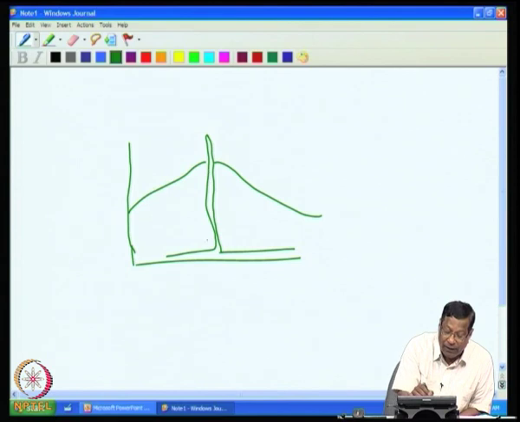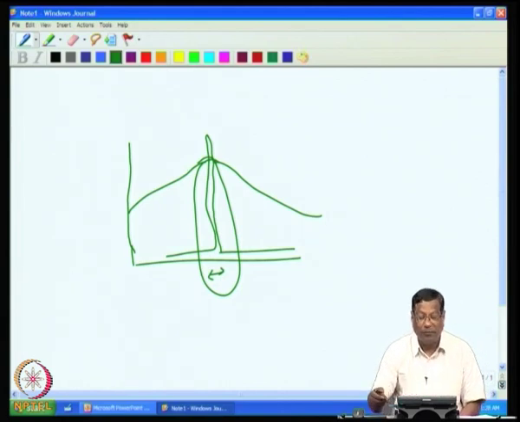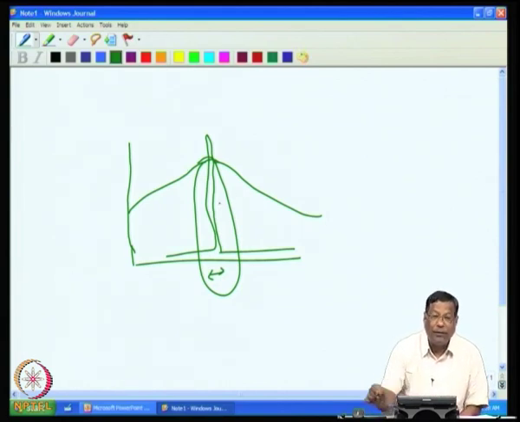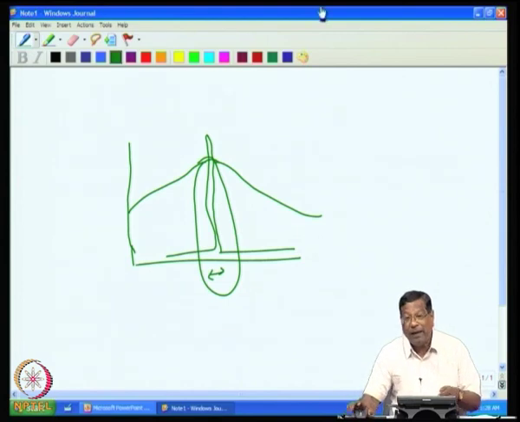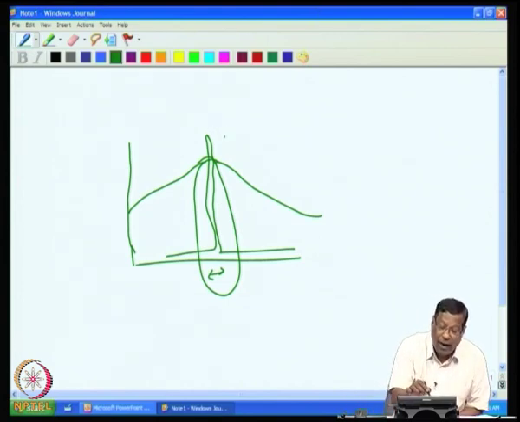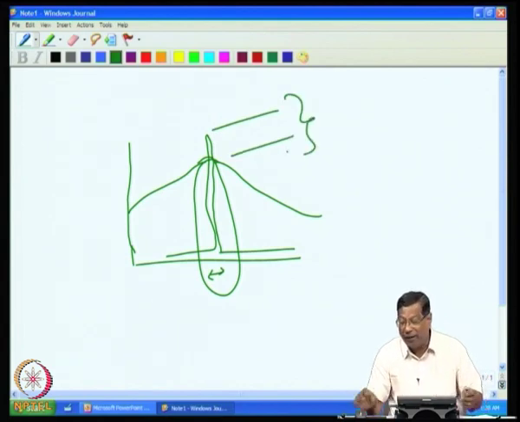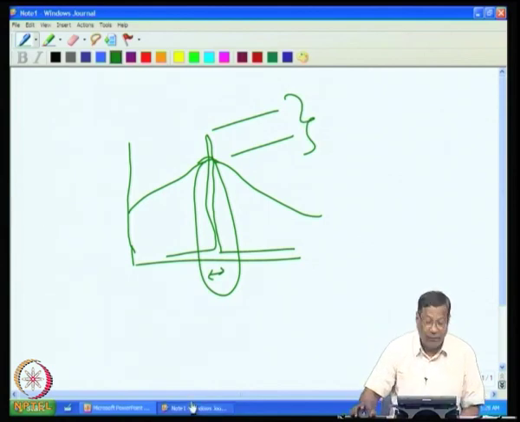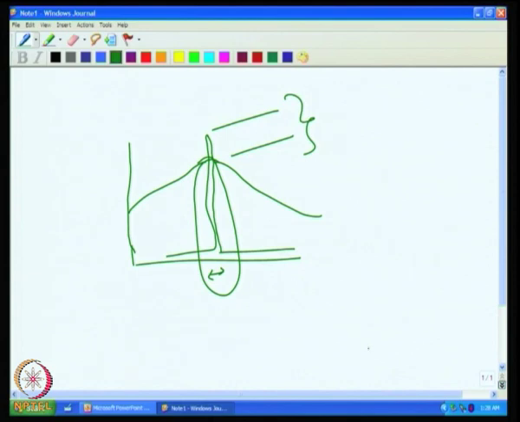So, at this wavelength the signal will be attenuated to this level. This can lead to a reduction in sensitivity, because the signal is already attenuated and what you will be measuring is only a small portion of the emission line, absorption line intensity. So, this should not happen, especially because of the molecular absorption.